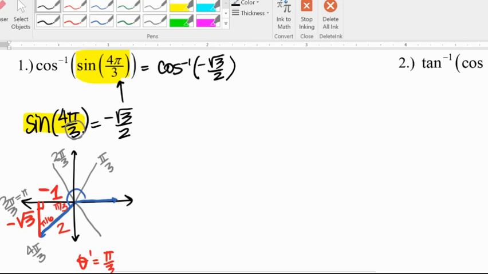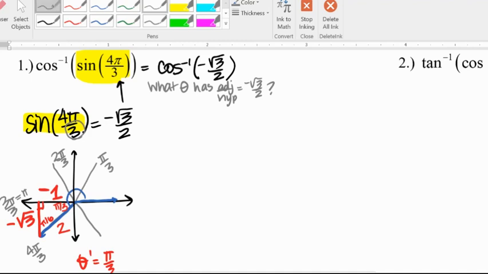So negative root 3 over 2. I hope I didn't say pi. Yikes! Okay, so now we are given the ratio and we need to find the angle, right? Because they're saying what angle, that's cosine inverse, what angle has adjacent over hypotenuse that equals negative root 3 over 2? That's what they're asking us.